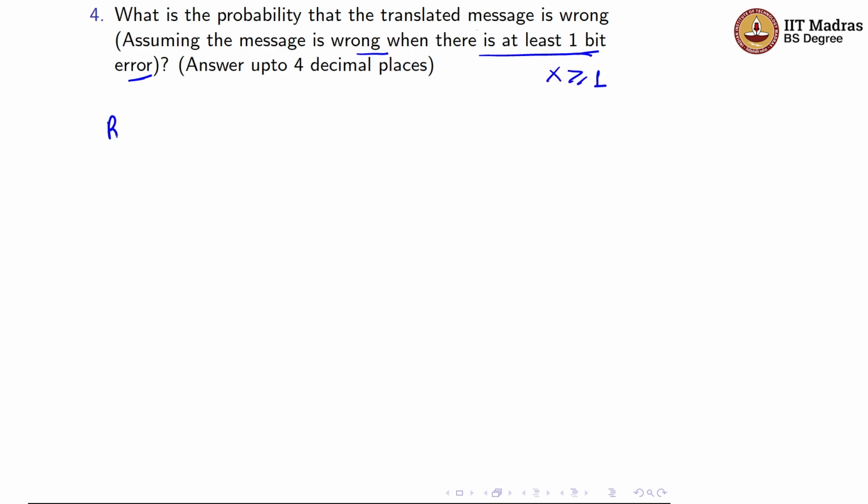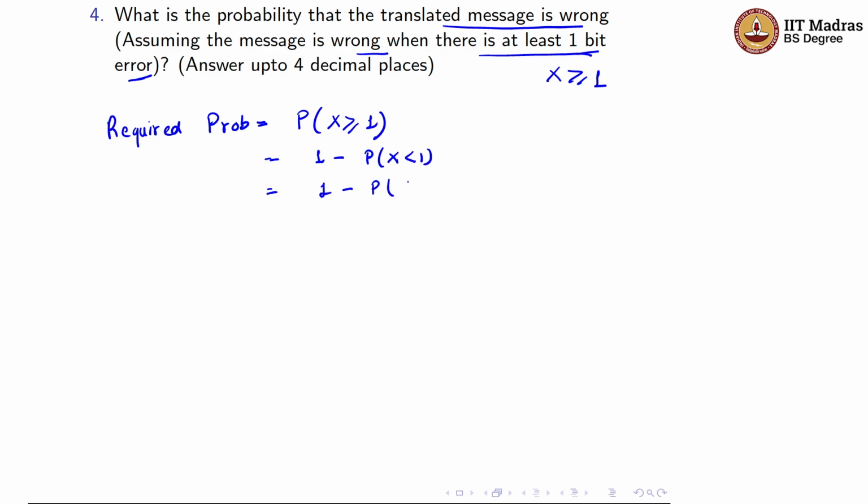So we have to find the probability that X is greater than or equal to 1, which we can write as 1 minus the probability that X is less than 1, that is, X equal to 0.